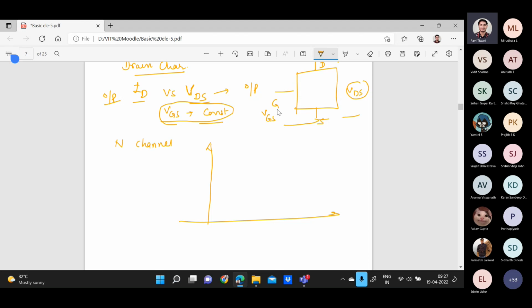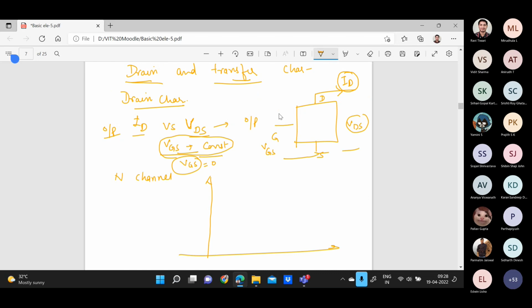For example, keep VGS equal to 0. Here I'm drawing the P-type terminals; FET and JFET are almost the same. As VGS is equal to 0, there will be no depletion region. As you increase VDS, the drain current will also increase.